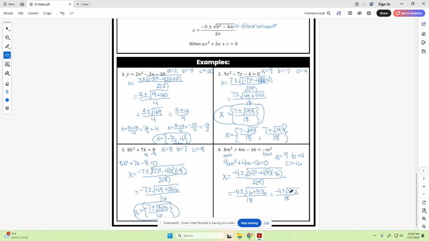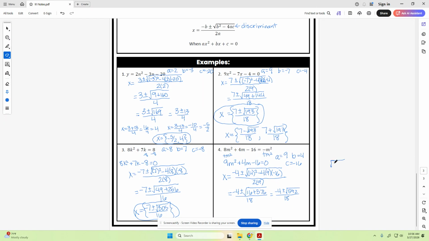Now, 592 has a perfect square factor. 592 is divisible by 16, so I am going to have to simplify this radical as I'm finding my final solution here. So, okay, good, it'll write over here.